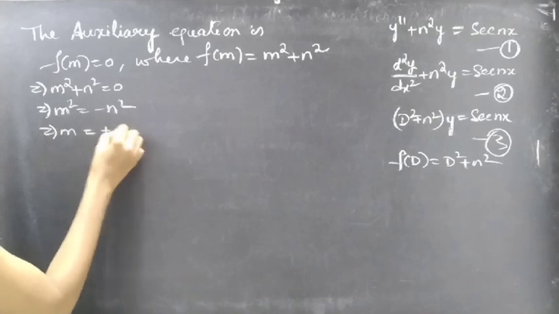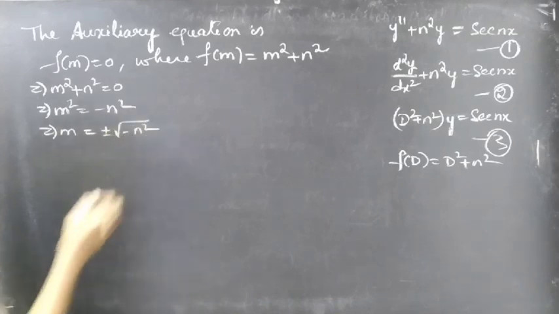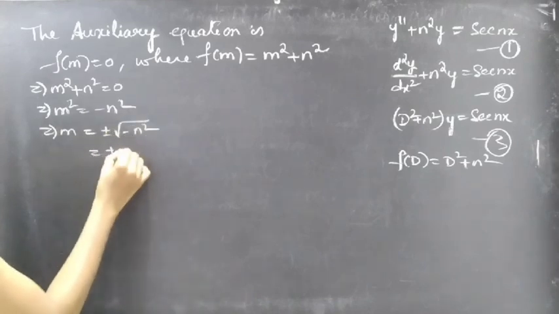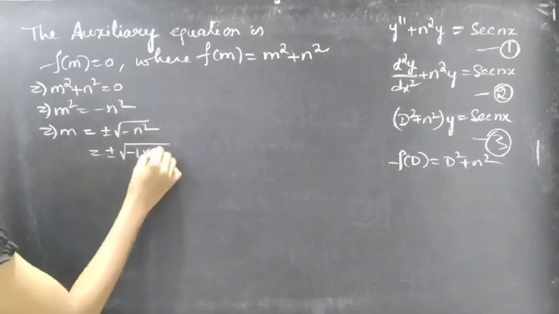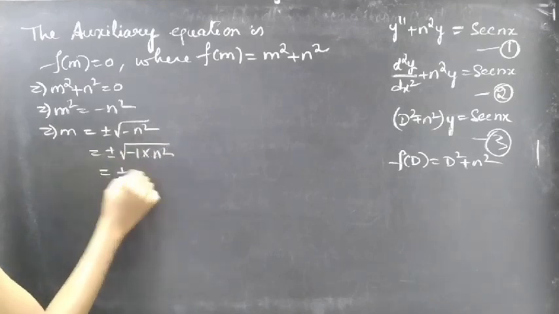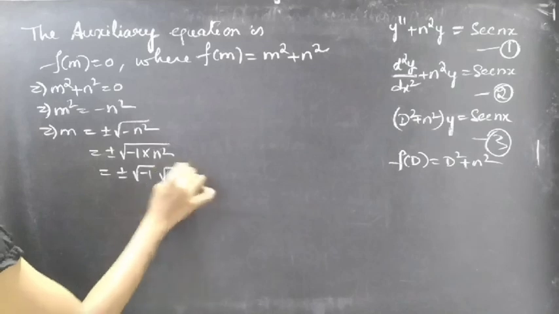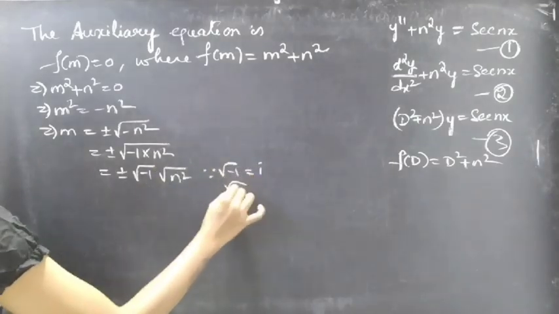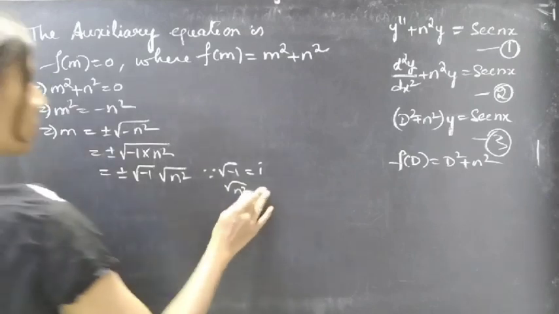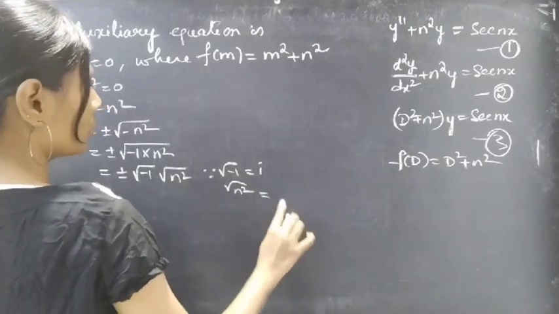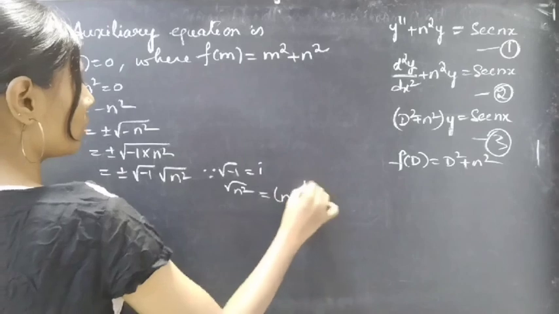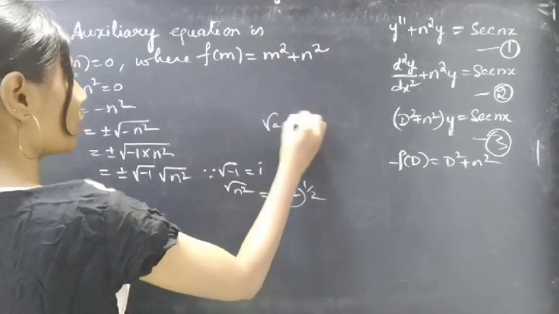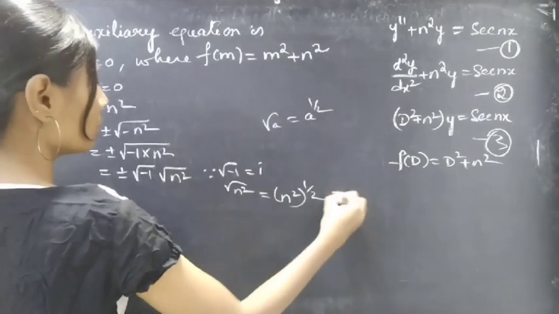We'll get m equal to plus or minus square root of minus n square, or we can write minus n square as minus 1 into n square, right? Now split the square root as square root of minus 1 into square root of n square. Since square root of minus 1 is i, and square root of n square can be written as n square to the power 1 by 2, since we know that square root of a can be written as a power 1 by 2, right?